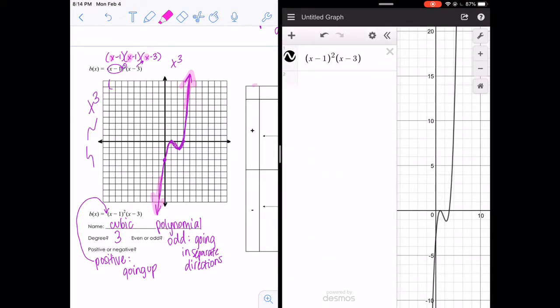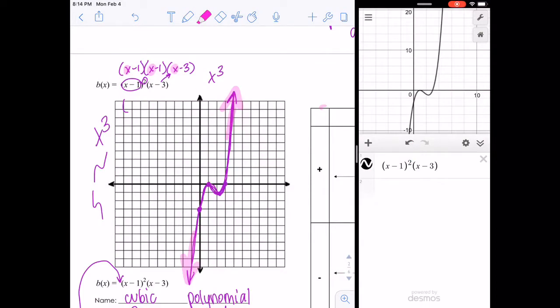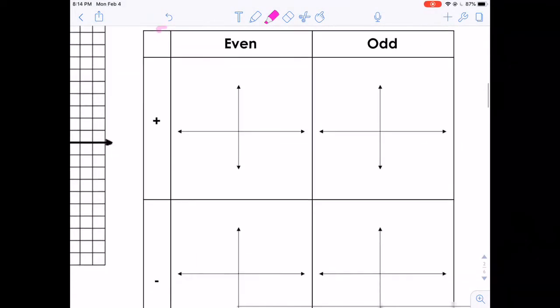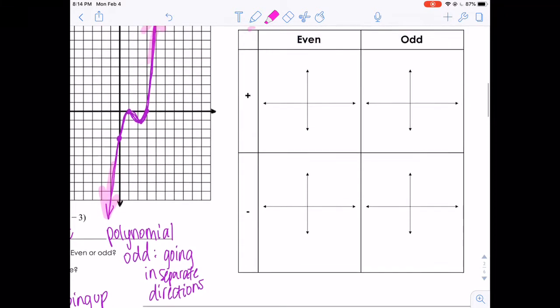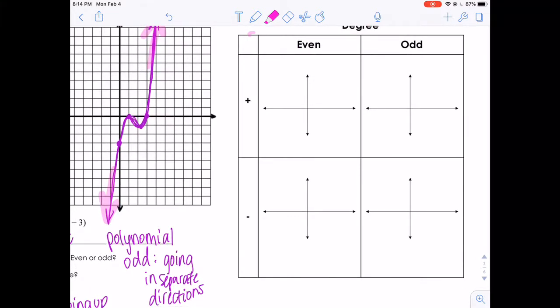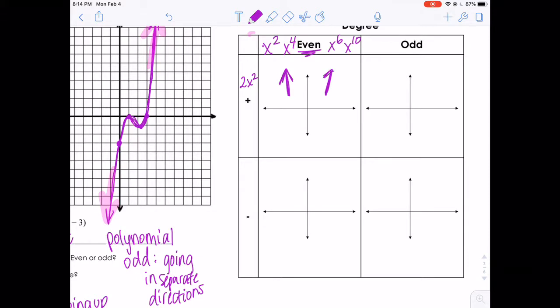We also have, I'm going to drag this over. There we go. I also want you to be able to tell which direction each one goes without really needing it. It's something we call end behavior, and we use the degree. So if I know that it's like x squared or x to the 4th, my even degrees, x to the 6th or x to the 10th or 12th or 20th, and I know that it's positive, so let's say it's like 2x squared, then I know that they're going to be headed in the up direction, and they're going to be going the same direction.